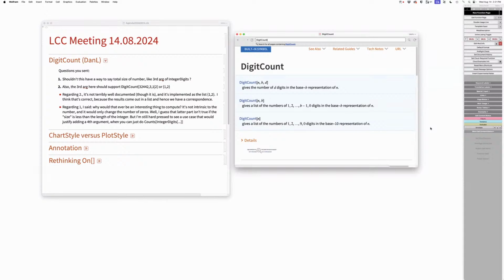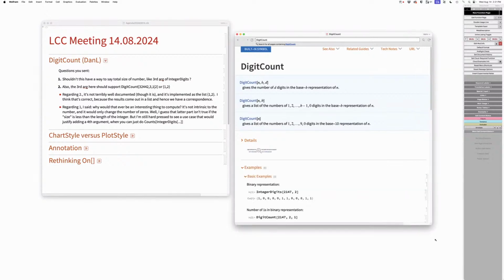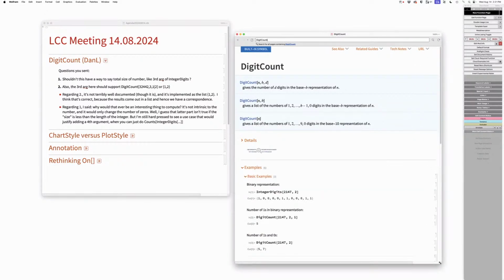Because I'm trying to count. I've got something in some register of fixed size, and I want to know how many zeros, how many ones there are. If it's led by ones, no problem. But if I want the number of zeros, then I can't tell that unless I know the total size of the number.